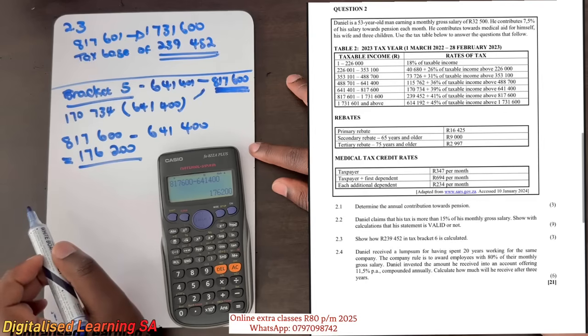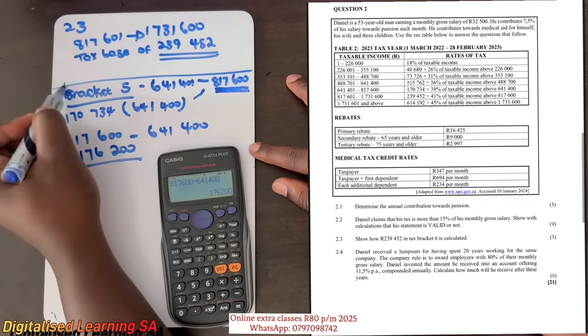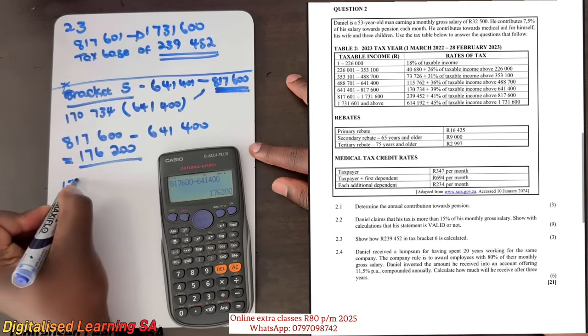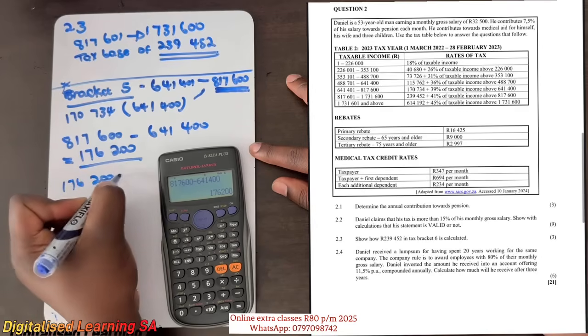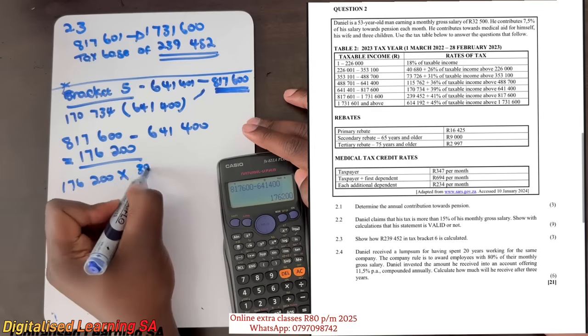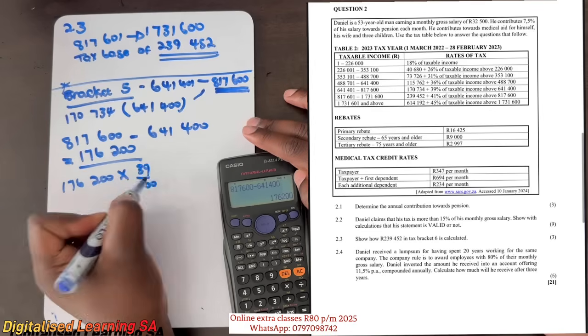So now we need to calculate the outstanding tax for this amount, and we know that the tax percentage for bracket 5, remember we're focusing on bracket 5, is 39%, meaning that we need to say 176,200 multiplied by 39 divided by 100.